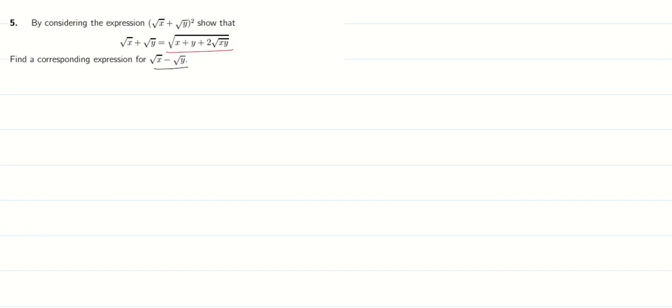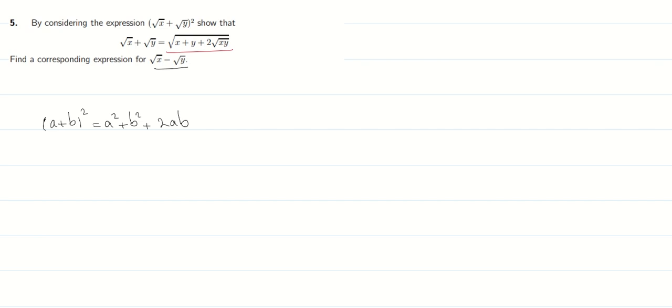First, we need to use the algebraic identity formulas. We know that (a plus b) squared would be equal to a squared plus b squared plus 2 times ab.